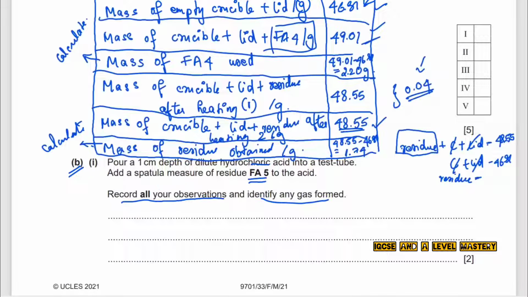So you are asked to record all the observations with the gas formed, and this is for 2 marks. When they are asking you to record all the observations, you will probably have to write at least 2 to 3 points. Since the mark is 2 marks, usually the allotment will be 4 points. So each point will have half a mark weightage.